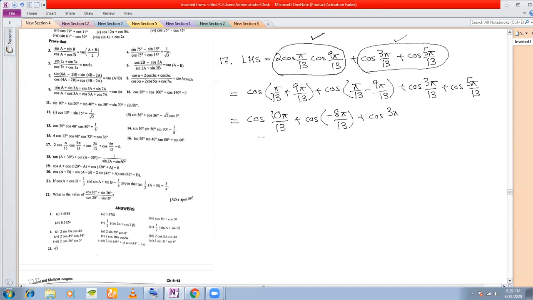Now see, cos minus theta is equal to cos theta. So this minus will go, and it simply becomes cos 8 pi by 13 plus cos 3 pi by 13 plus cos 5 pi by 13.